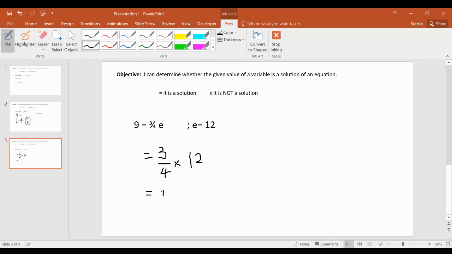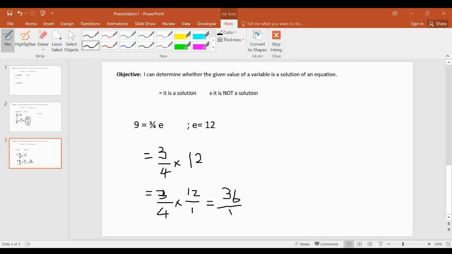So it's going to be 3/4 times 12 over 1. Okay, and we are going to just multiply straight across. So we know that 3 times 12 is equal to 36, and 4 times 1 is equal to 4.